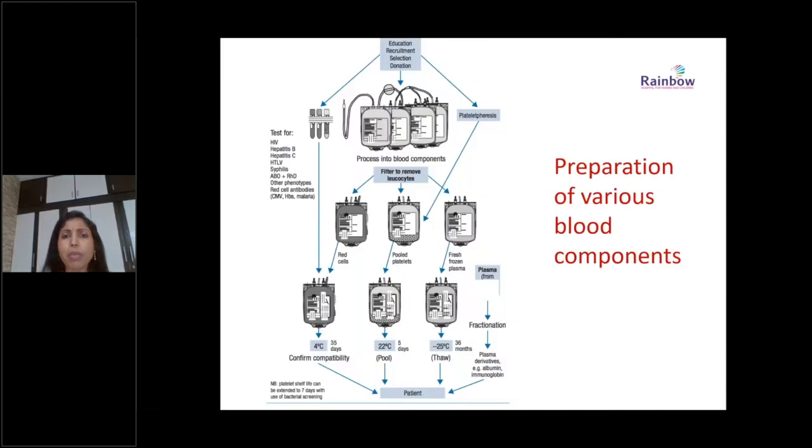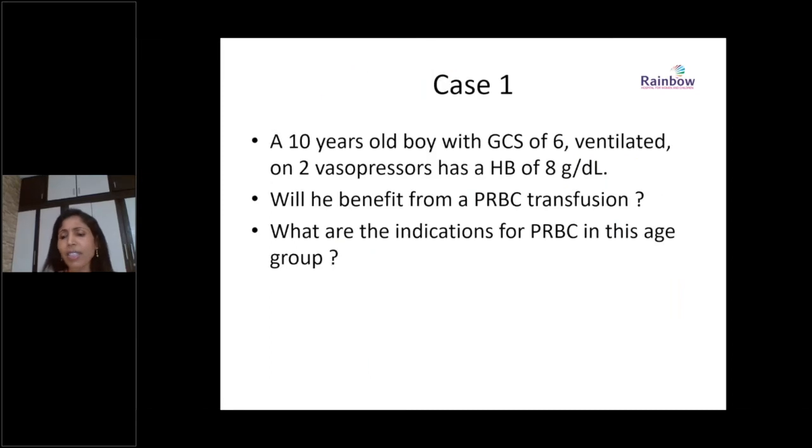In the blood bank, when the donor comes, they collect the blood and, through high spin and low spin, separate the different components into PRBC, FFP, platelet-rich plasma, and then further into RDP, as well as cryoprecipitate, cryosupernatant plasma, etc. And then, of course, these will be utilized according to the clinical situation. So we will go through case scenarios and then discuss the indications of component therapy.